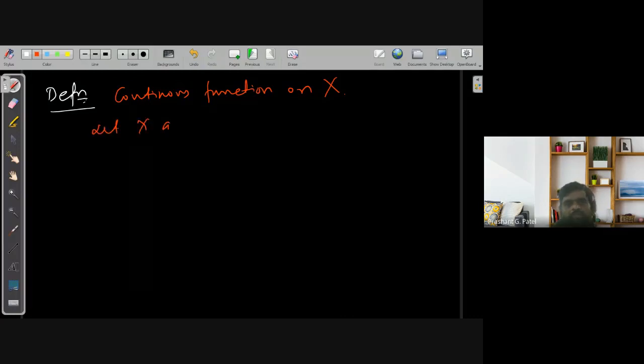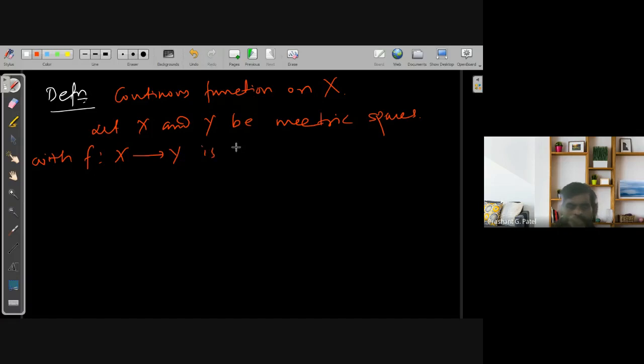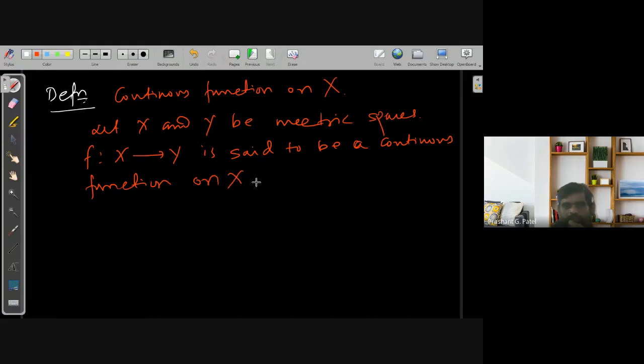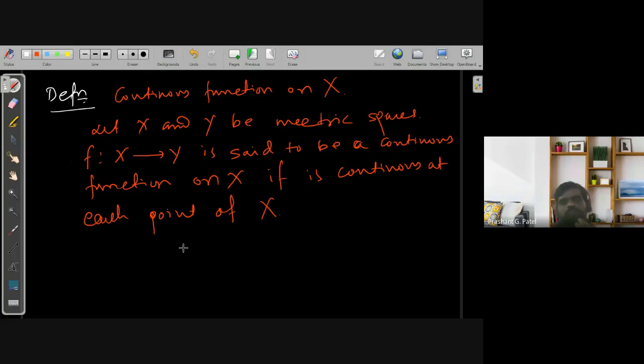Let X and Y be metric spaces, with f from X to Y. Let f be said to be a continuous function on X if it is continuous at each point of X. So if it is continuous on X, it has to be continuous for each and every point in that set.